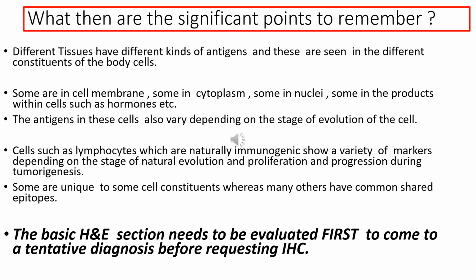So it is necessary that before requesting an immunohistochemistry, the basic H&E section needs to be evaluated to come to a tentative or a working diagnosis before the request for IHC is put.